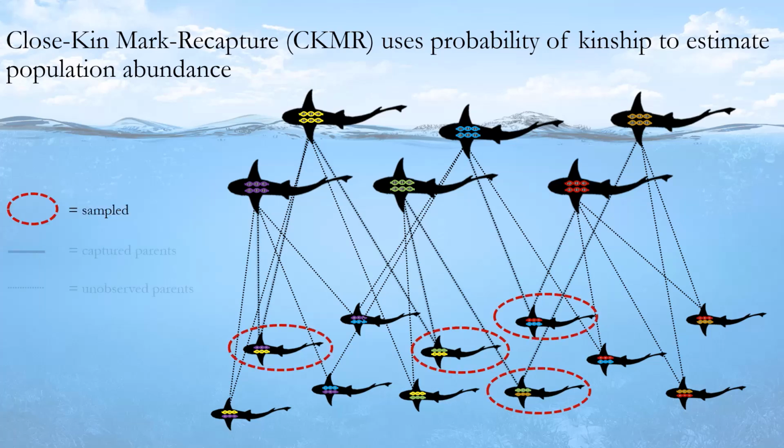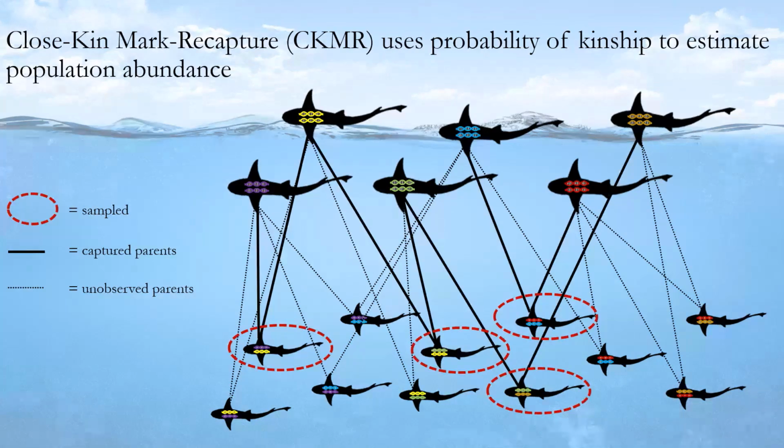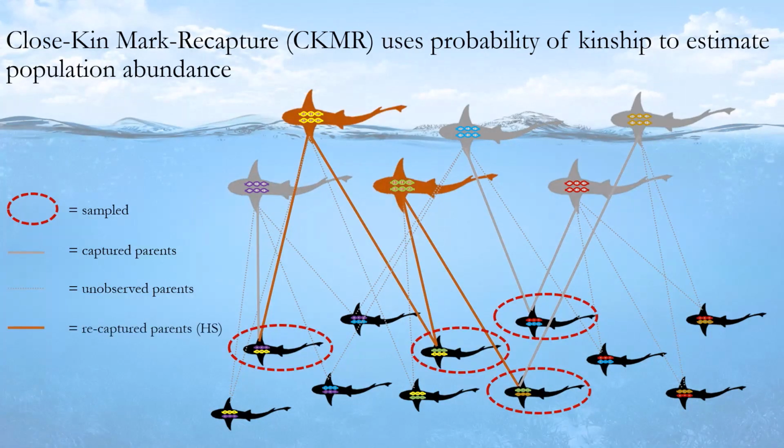If we trace parentage back through the solid black lines, then we can see that we have 2 instances where sampled individuals share one parent but not the other. In other words, we have 2 half-sibling pairs. In the CKMR framework, this means that we have essentially caught and then recaptured the adult's DNA. And that framing is what allows us to interpret patterns of kinship in a mark-recapture framing.